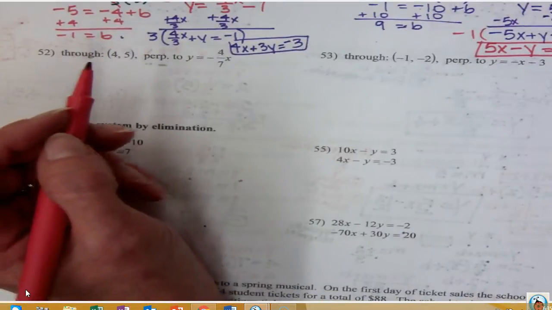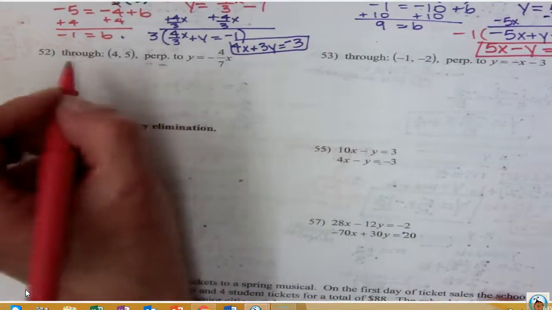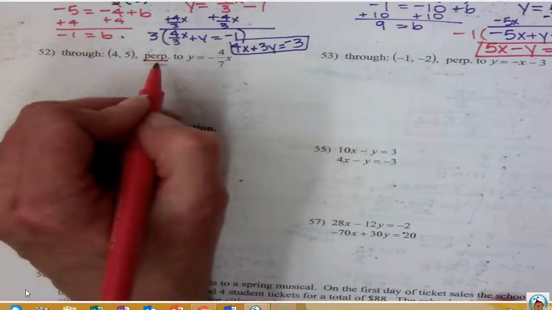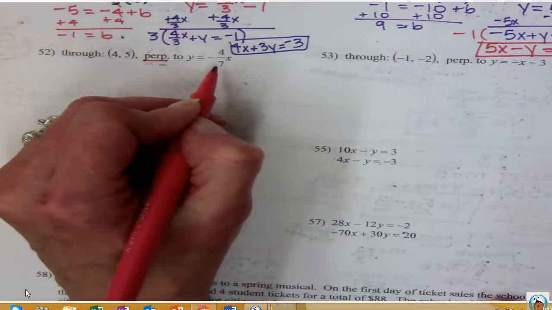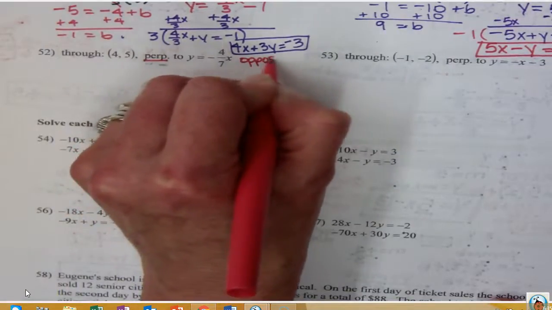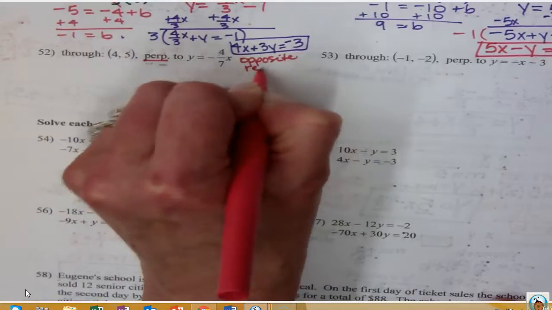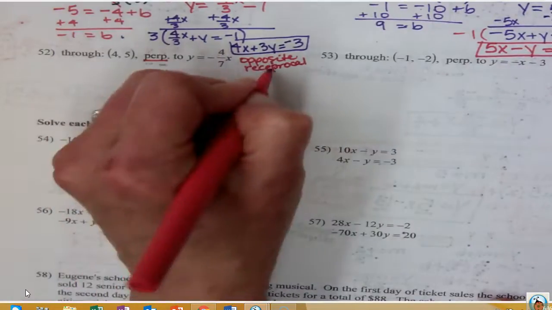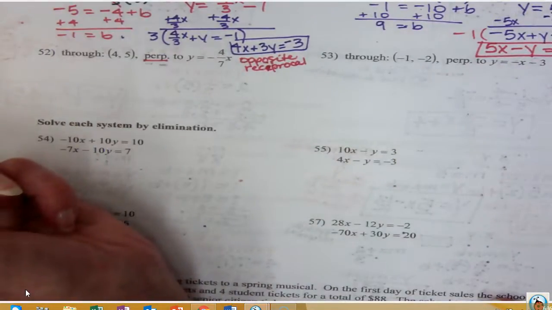So, starting with 52, we know that we need a line in standard form that is perpendicular to this. We know that our perpendicular slope is going to be the opposite reciprocal to the slope provided.